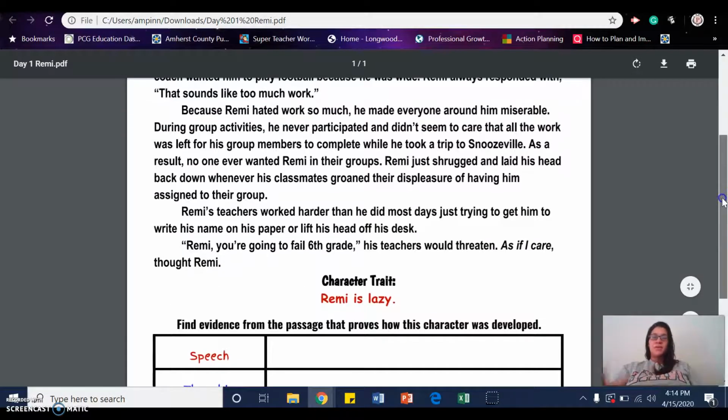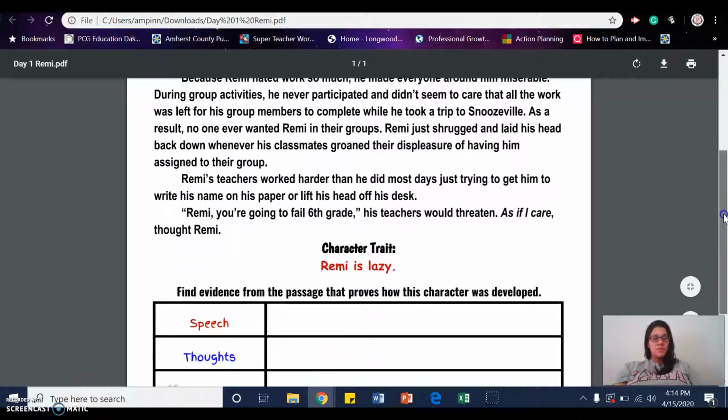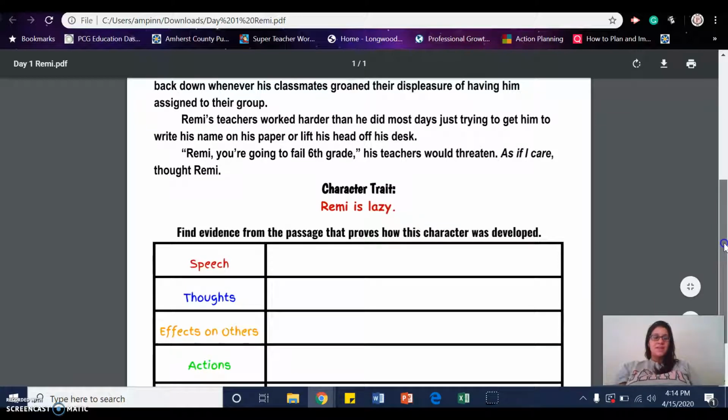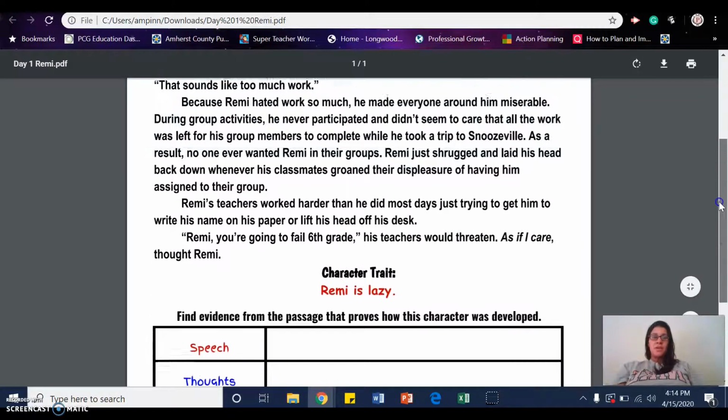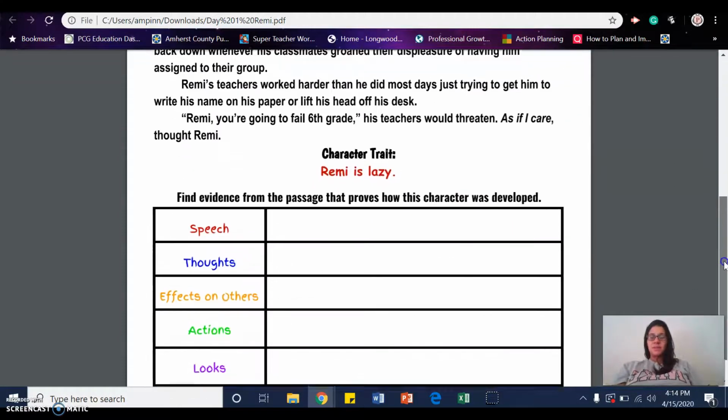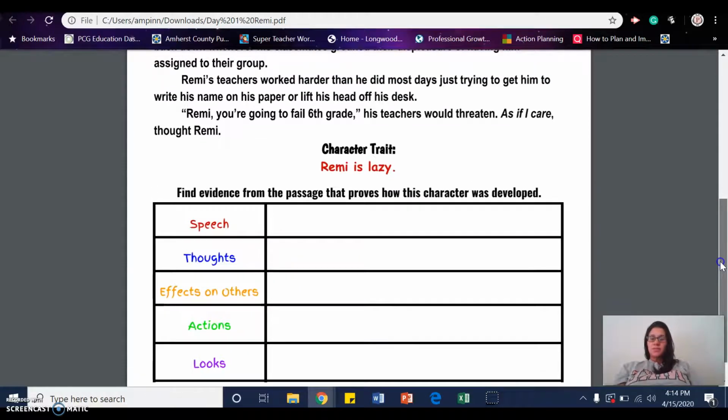His effect on others, well, he didn't help his group. So they didn't really want him to be a part of his group. His actions, well, that would be him taking a trip to Snoozeville. No one really likes a teammate who's always sleeping. And then looks.